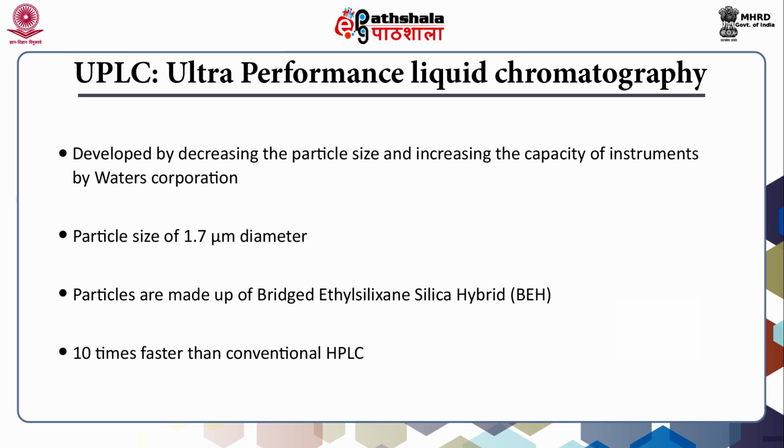What they have done, basically, is decrease the particle size and increase the capacity of the instruments to withstand the pressure. That is the simple thing. By doing that, the efficiency of HPLC is increased and it is faster, and that is called UPLC. We can appreciate the separation of the molecules and the fastness of UPLC in the next slide.